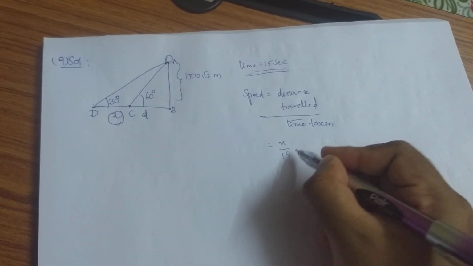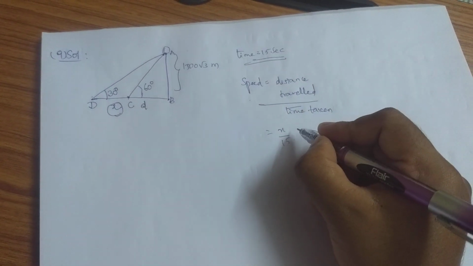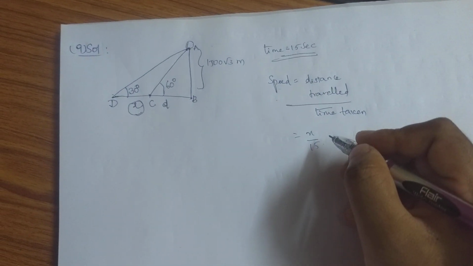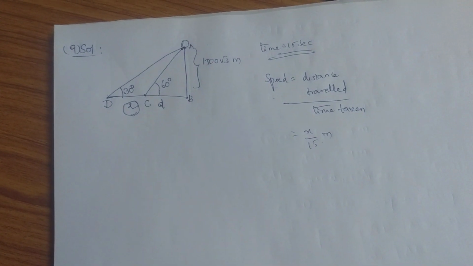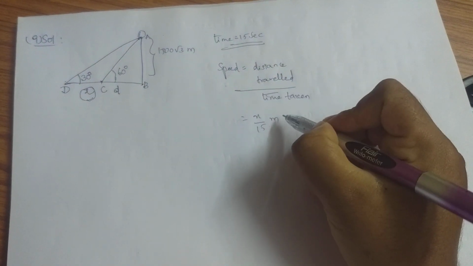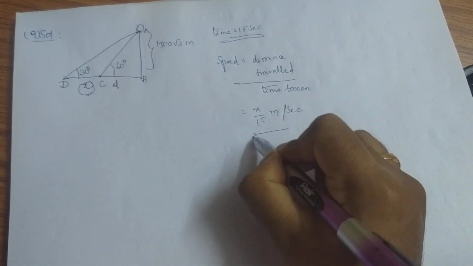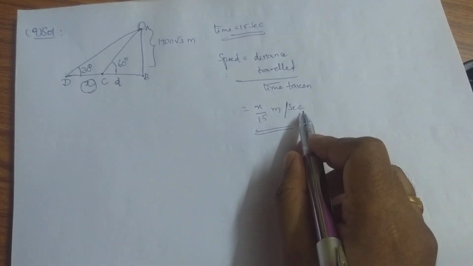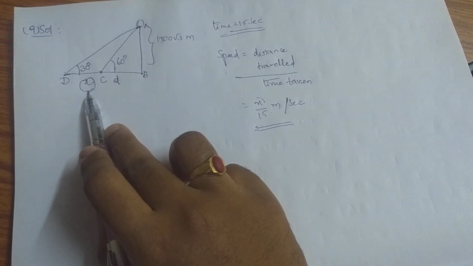Distance is given in meters, and time is given in seconds, so it is x by 15 meters per second. You have to find out this value of x.